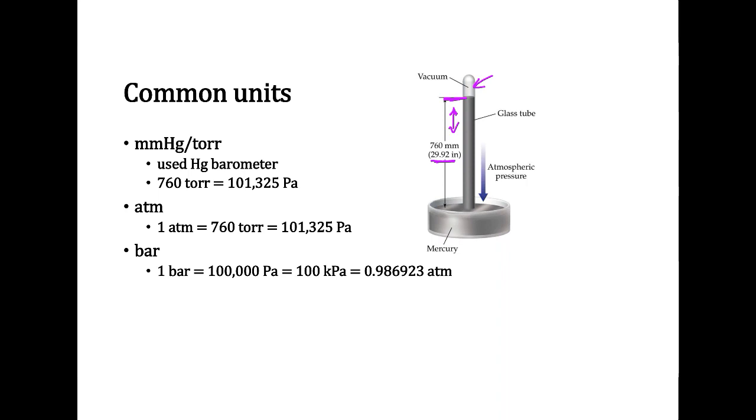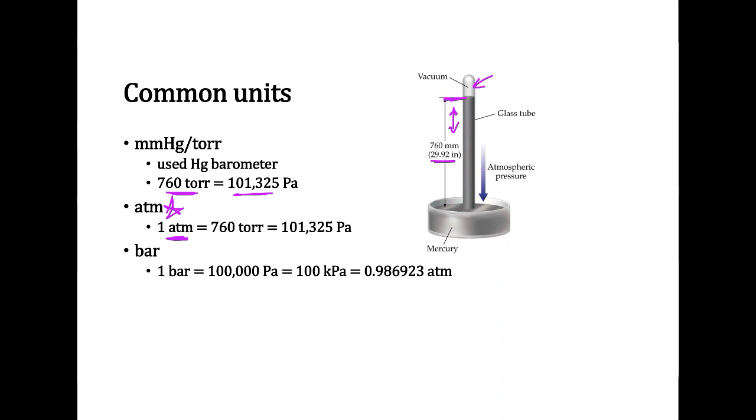So we will use all of these units and be able to convert between them, but here are some of the equivalencies. 760 torr is equal to 101,325 pascals, which is also equal to 1 atmosphere. This will be the unit that we tend to use the most, but we need to know how to convert between all of these.